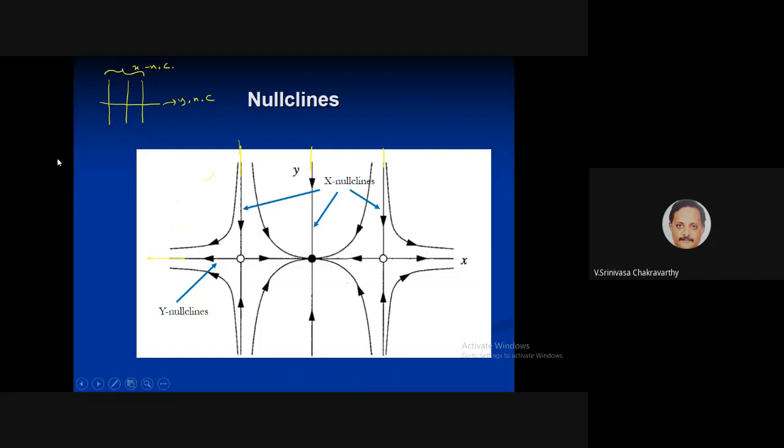Okay, where are the fixed points? 1 comma 0, 0 comma 0, and minus 1 comma 0. Very good. So the fixed points are these 3 points: minus 1, 0; 0, 0; and 1, 0. So given by these 3.